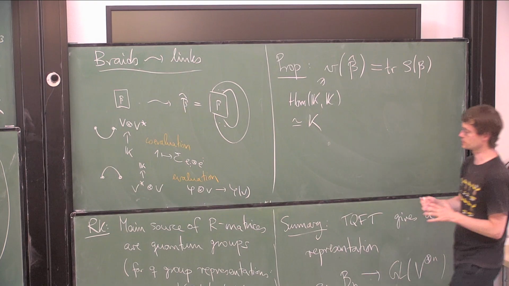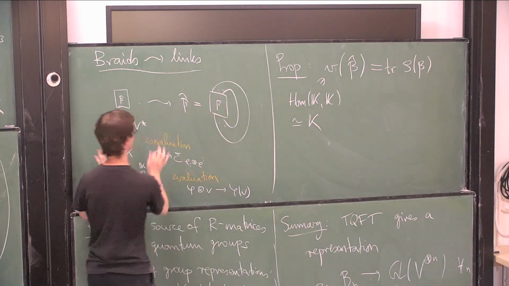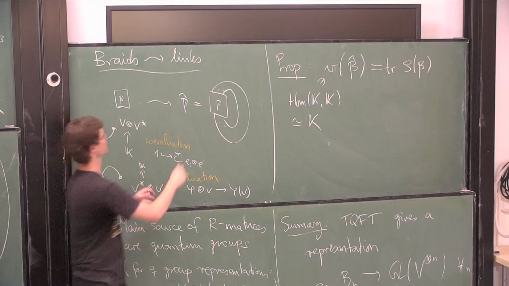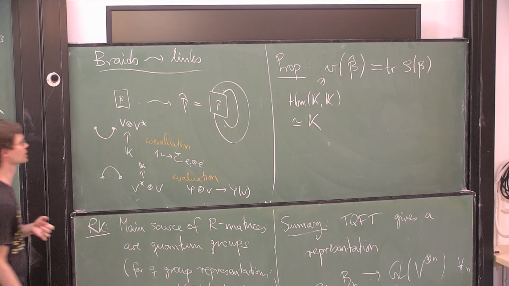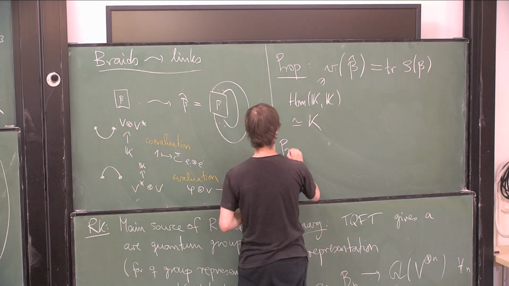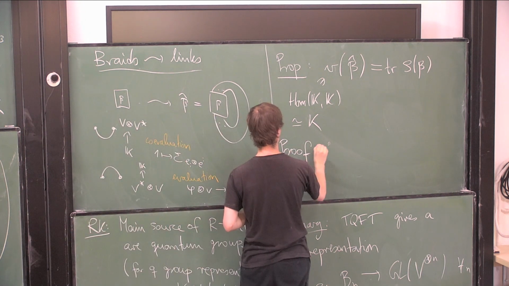This is something which happens a lot when you do these diagrammatic pictures, also in other contexts. When you close things up, you take traces. And the proof is pretty easy.